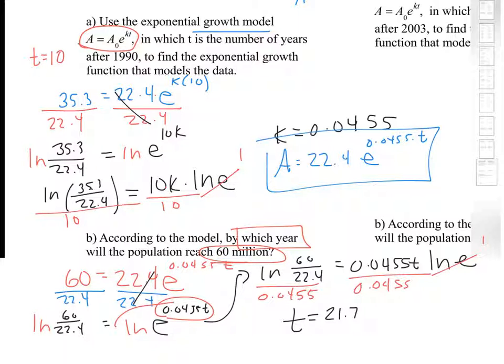And since they're asking me which year, not how many years have gone by, I'm going to go ahead and round that to the nearest whole number and think about our starting year, which was 1990. So I need to add 22 to 1990, and that's going to give me 2012 for my year. So that is my final answer.